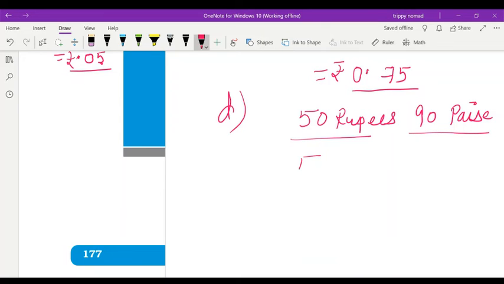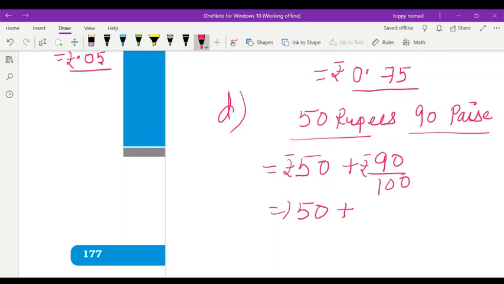So you will write 50 rupees plus 90 upon 100 rupees. This is 50 and this is 0.90. That means if you add, you will get, in short, for 90 paisa, rupees 50.90. I hope you understood.